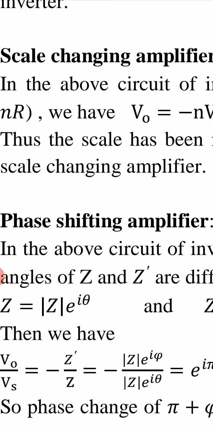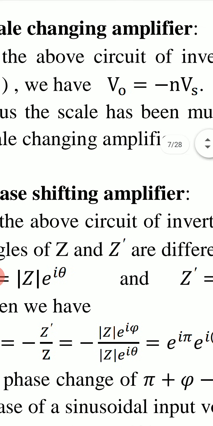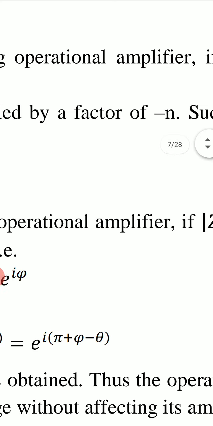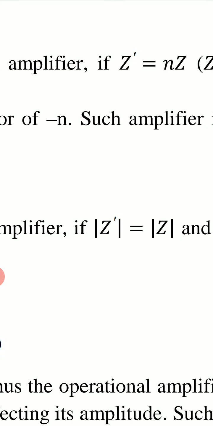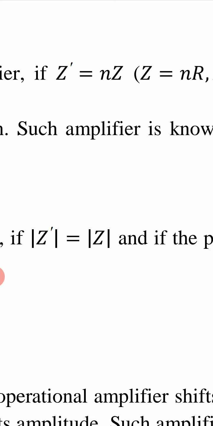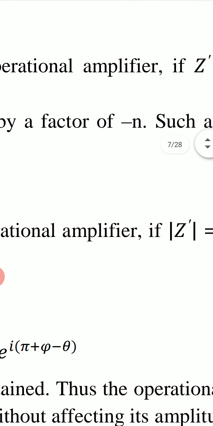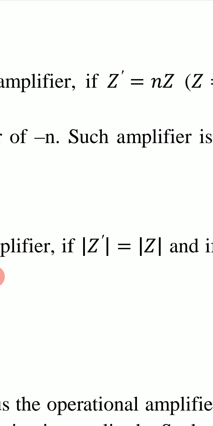Next application is scale changing amplifier. In the above circuit of inverting operational amplifier, if Z dash equal to NZ, that is, if we consider Z equal to R and Z dash equal to NR, then we have Z dash equal to NZ.